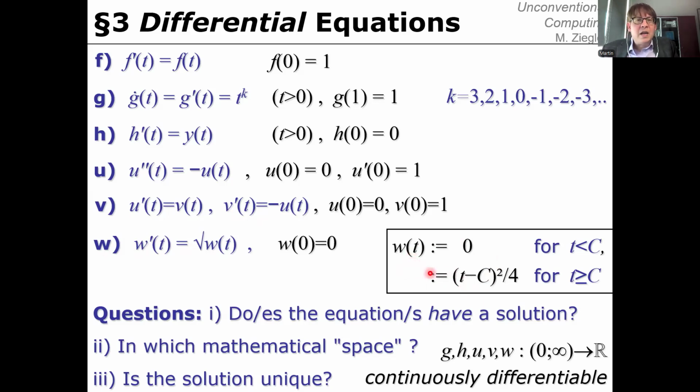Do the math, calculate the derivative, and verify that the derivative coincides with the square root of it. So this third question of mathematicians, not only does a solution exist, but is it unique, actually starts to become very subtle when we talk about differential equations. But this is not to scare you too much. Let's just keep it in the back of our heads for a moment.